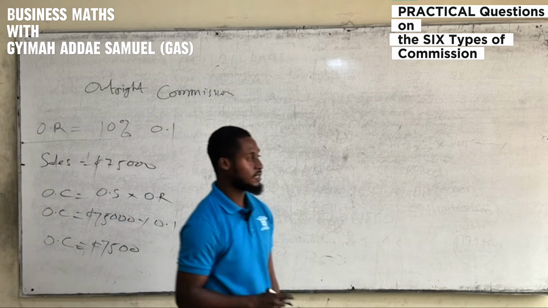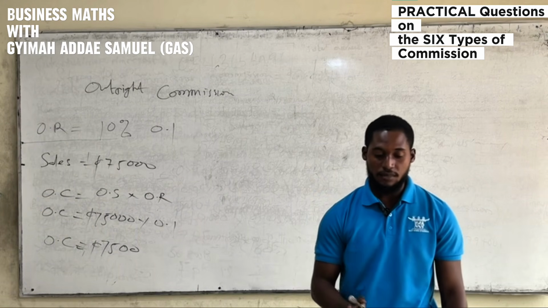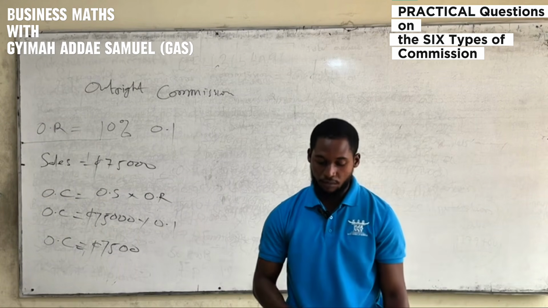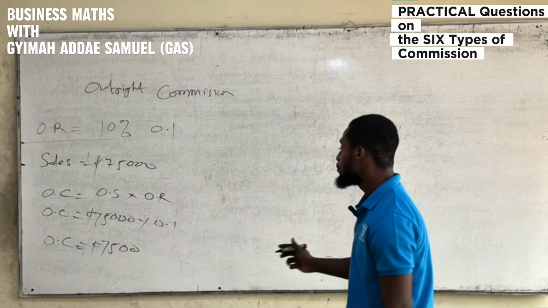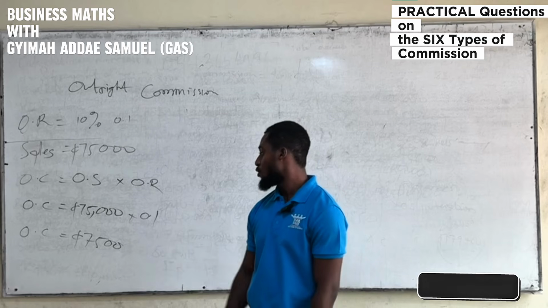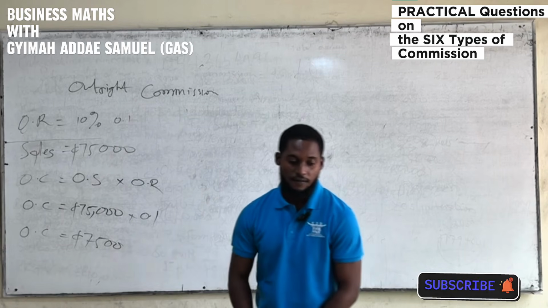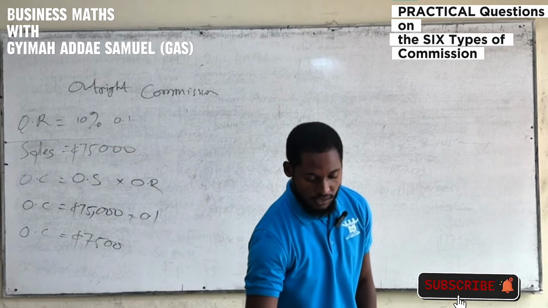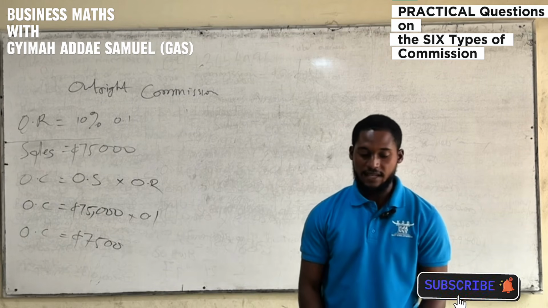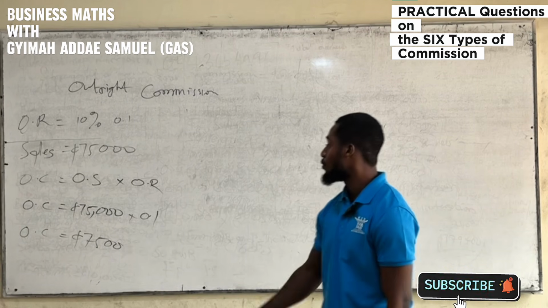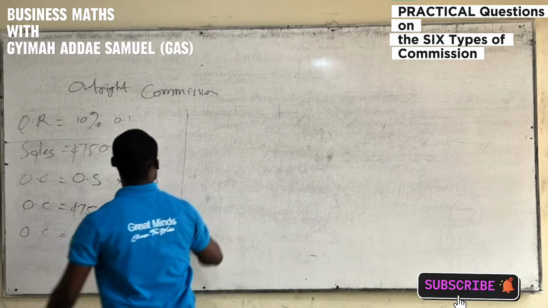But the question asks us to compute our outright commission and the net amount payable. So now the net amount payable we are going to compute. We have our outright commission to be 7,500 Ghana cedis.